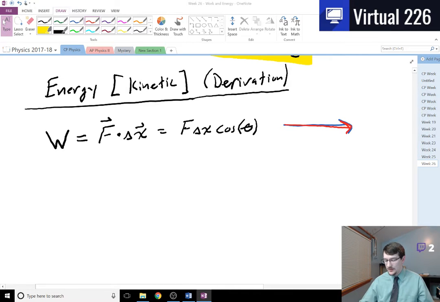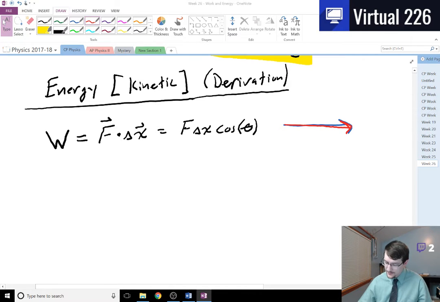So our theta there is going to be 0, and cosine of 0 is 1. So we're just going to get F delta x here. Technically speaking, if you had angles, that cosine would be carried throughout this derivation, but let's just consider it to be 1.